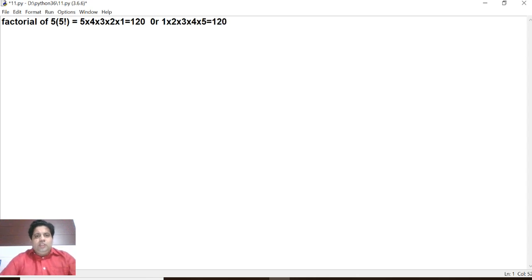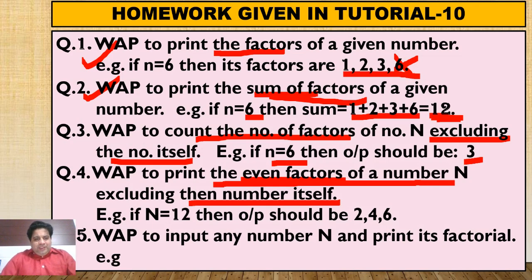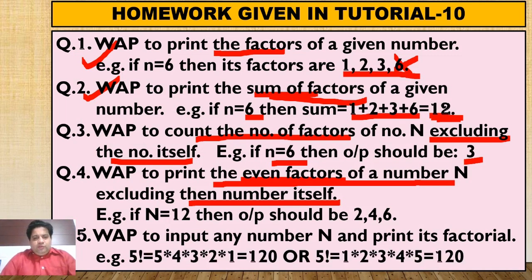Then also you will get the same result. So I am here discussing both the logics. Example: factorial of 5 can be written as 5 into 4 into 3 into 2 into 1 equal to 120, or 5 factorial can be written as 1 into 2 into 3 into 4 into 5, 120.